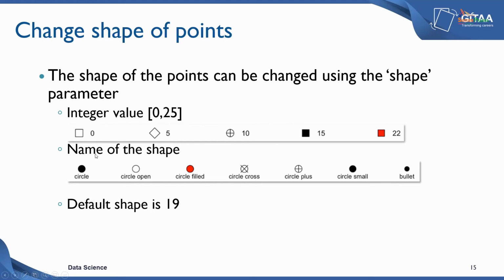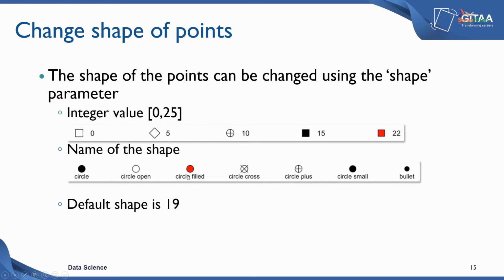The other kind of value that the shape parameter takes is the name of the shape. A circle is mentioned as circle, an unfilled circle with an outline is called circle open, a filled circle is called circle filled, and then you have a small circle, you have a bullet, and a circle with a plus sign is called circle plus, or a circle with a cross is called circle cross.